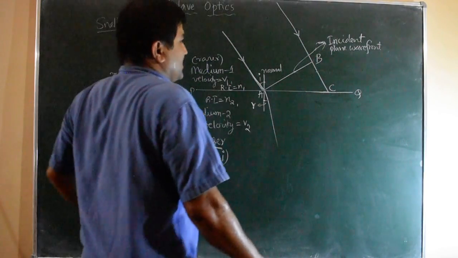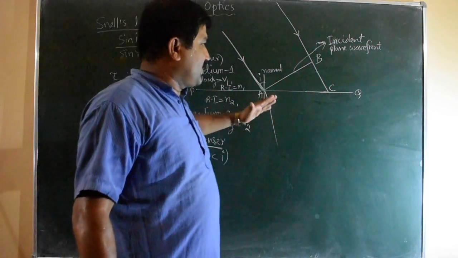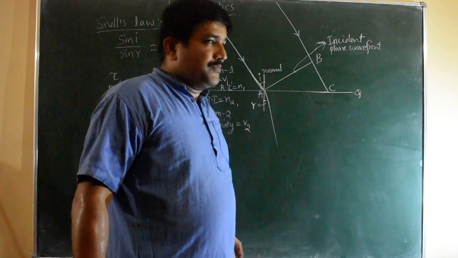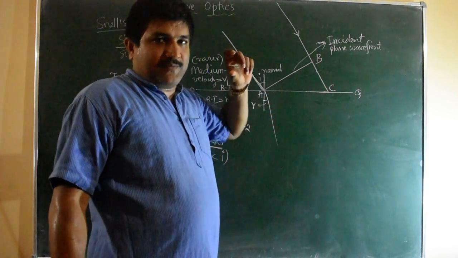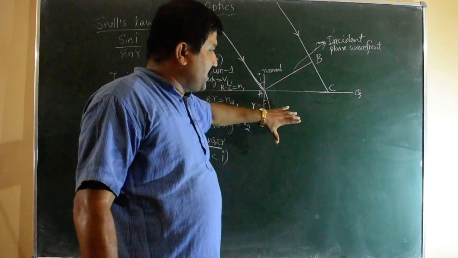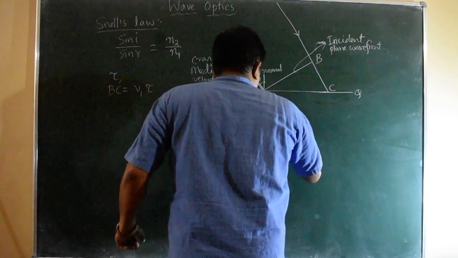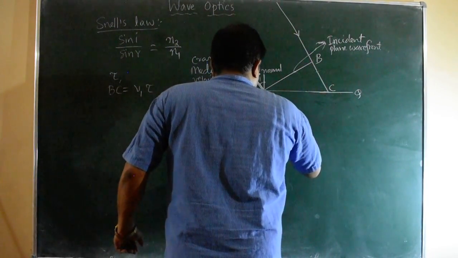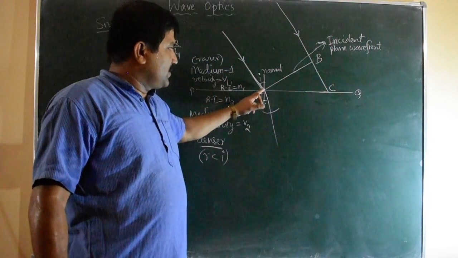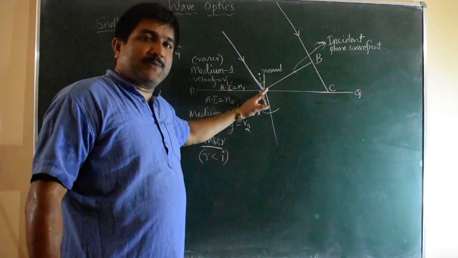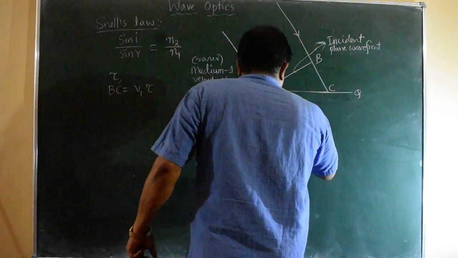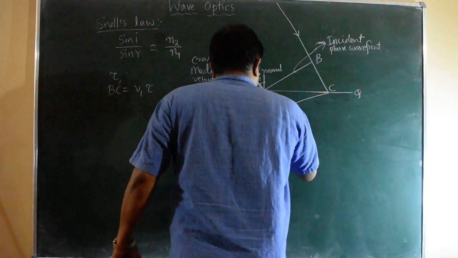Now the new wavefront we have to get, the new wavefront in the denser medium. So in a time tau, light travels from B to C. At the same time duration tau, light travels from A to some other point D in medium 2. So that wavefront I will draw here like this. This is the position of the new wavefront originated from the point A. Then I have to draw the wavefront, the tangential surface.